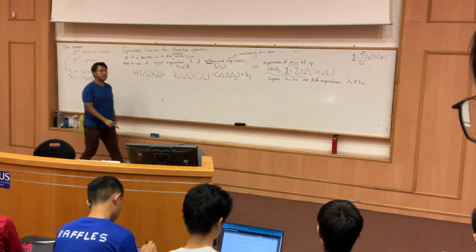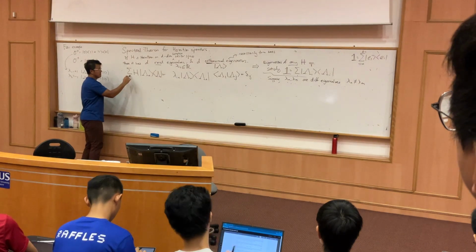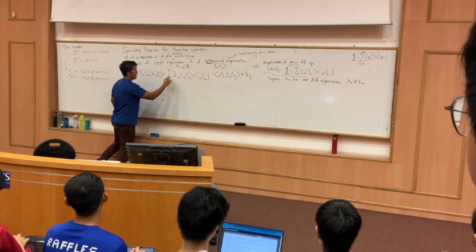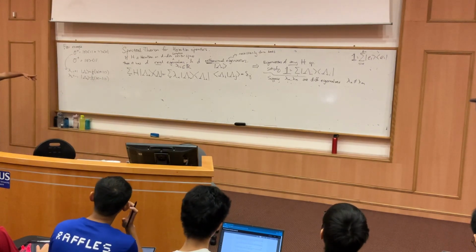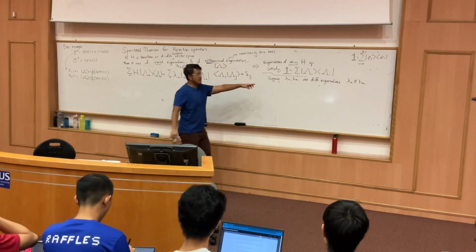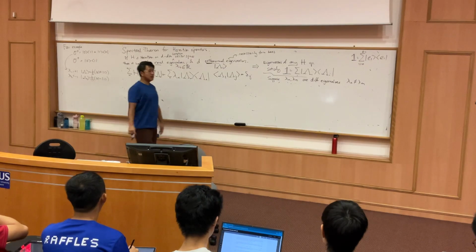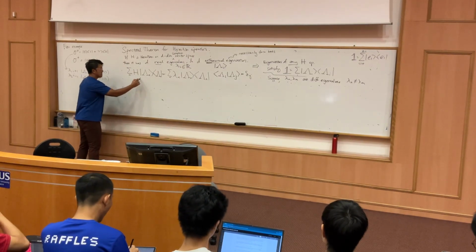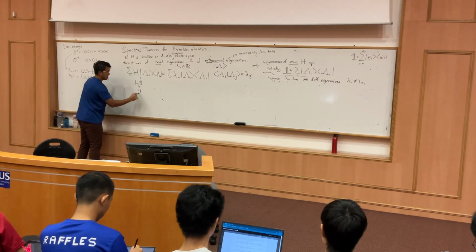I can do that. And then let me sum over all n's here. But then I just said that the sum over all the n's, I guess I'm changing from i to n, is the identity. So that's equal to just H times the identity, which is H.